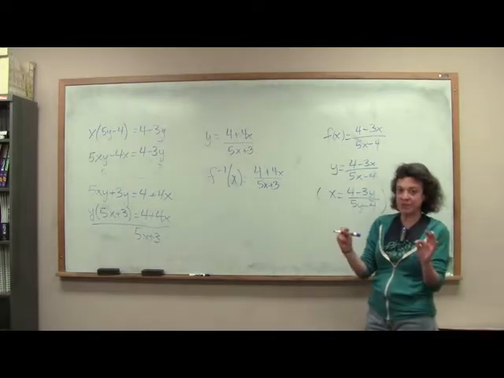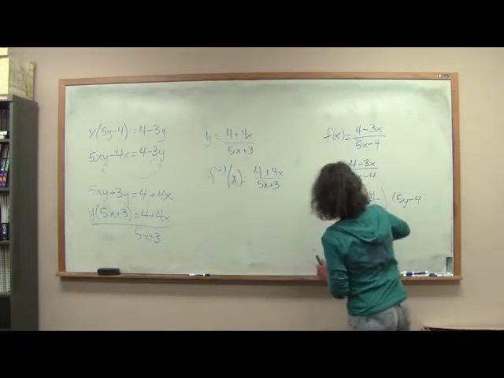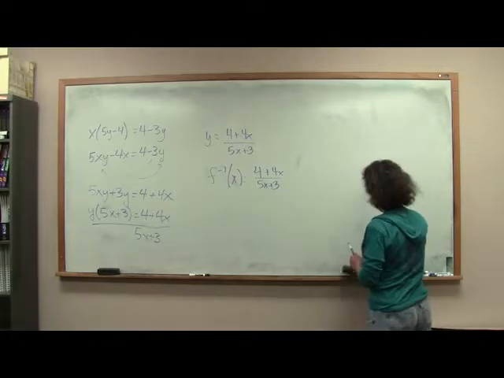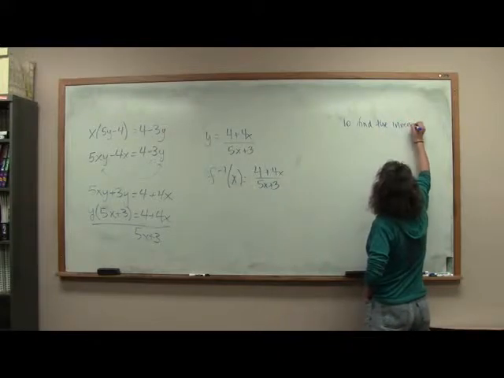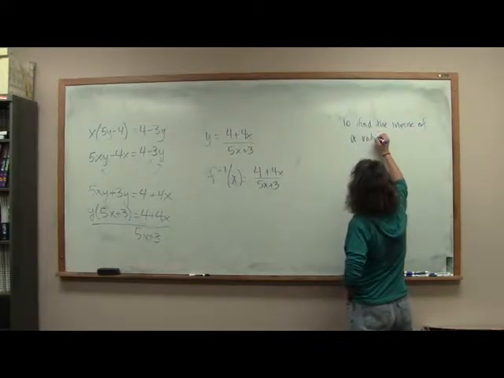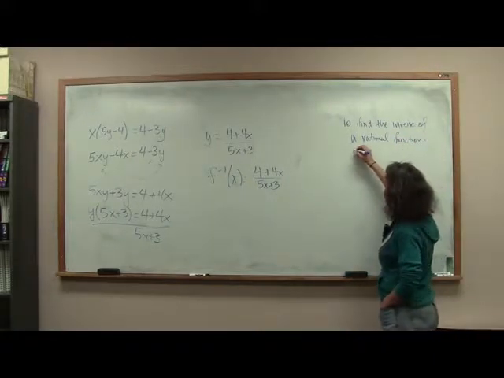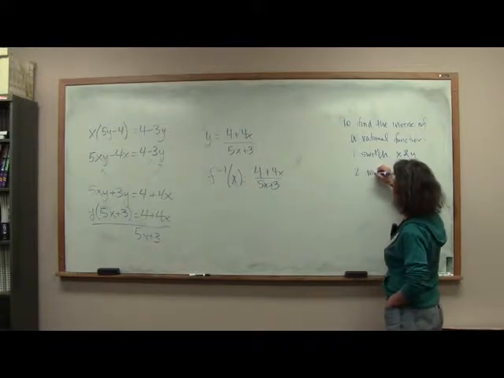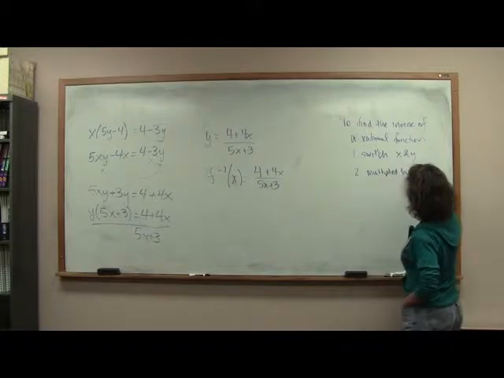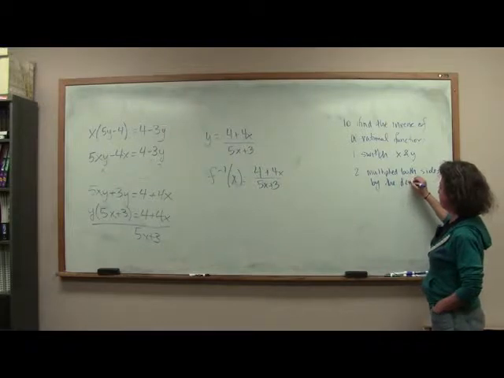Okay, I just wanted to go through that with you to be sure that you're able to do such. Let me say this to summarize. To find the inverse of a rational function, I'm just going to summarize our steps. First thing you do is you switch x and y. The next thing we did is we multiplied both sides by the denominator.